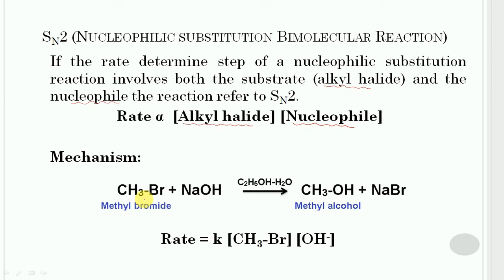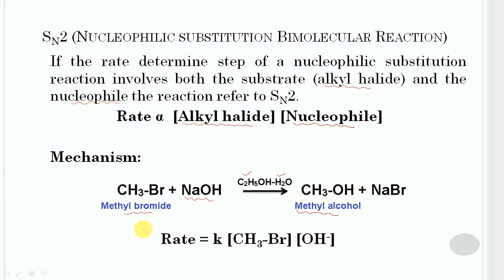The typical example of SN2 reaction is hydrolysis of methyl bromide with alcoholic solution of sodium hydroxide, in which 80% of ethanol and 20% of water is taken, which can produce methyl alcohol and sodium bromide.